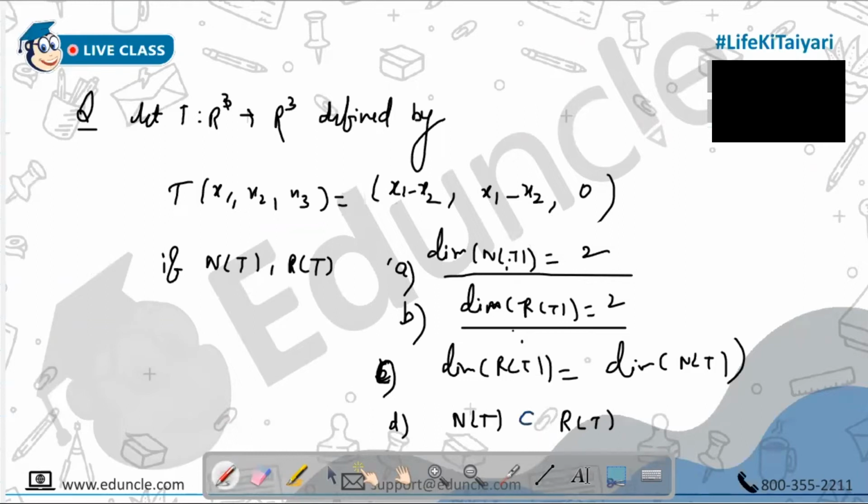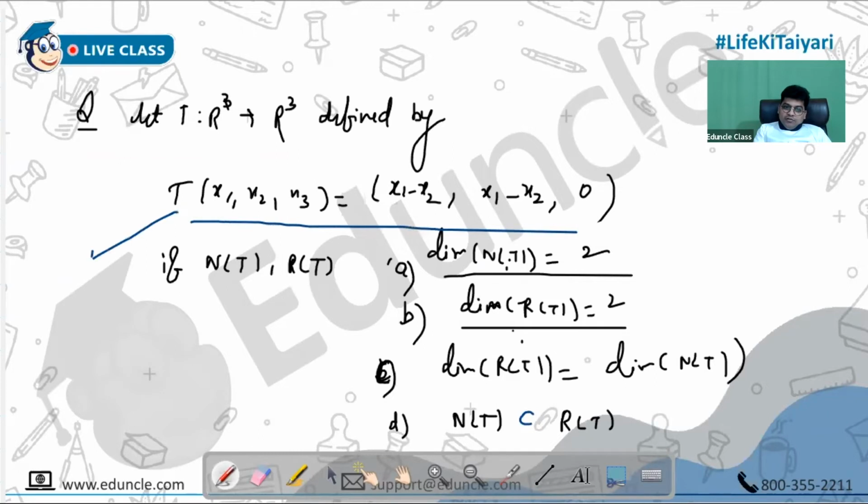Yes student, please solve this question. See, you can find out the null space easily. The null space is where x1 minus x2 is 0, then x1 equals x2. So if x1 equals x2, the null space N(T) is x1, x1, x3.